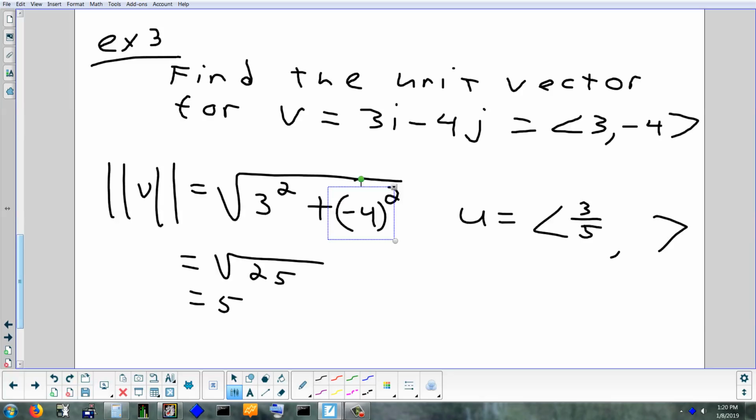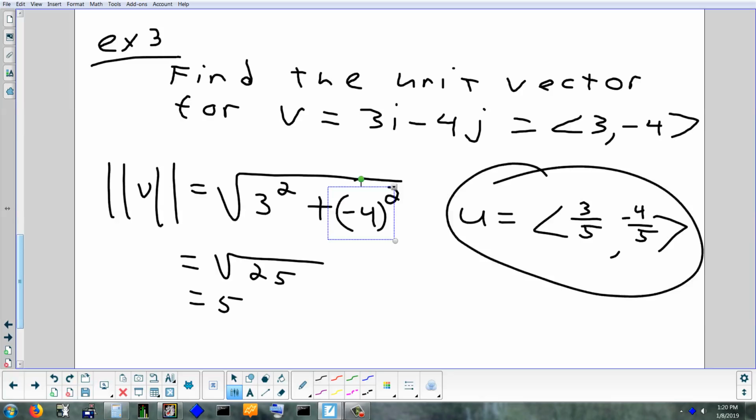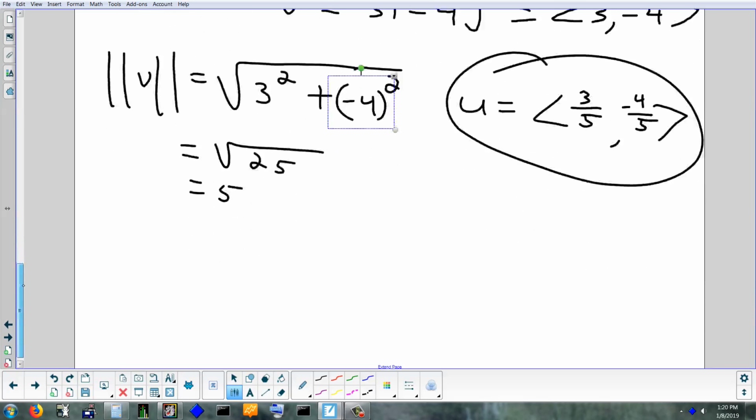Now your vertical component was -4. You're going to scale it by 1/5. What's that one going to be? That's it. So all you had to do was scale everything by 1/5. That vector points the same way. It's just 5 times shorter, and it makes it 1 unit long. Any questions on that one?